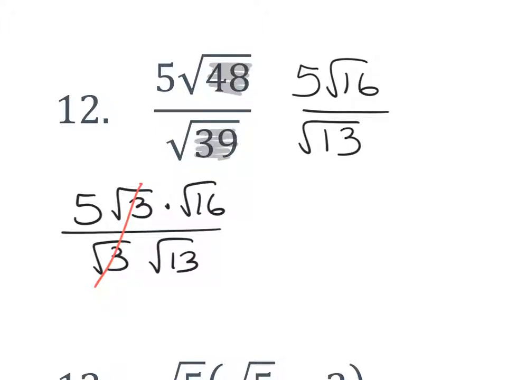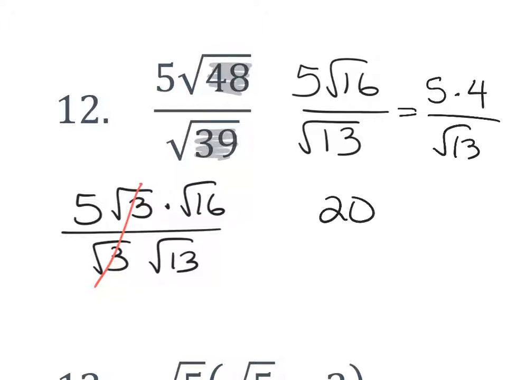So I'm sort of factoring it, but again, think of simplifying the fraction. Now, anybody realize what the square root of 16 is? 4. So I'm going to also fix that numerator up there, and I'm going to make it 5 times 4, and then I'm going to turn it into 20. So now I have 20 over the square root of 13.